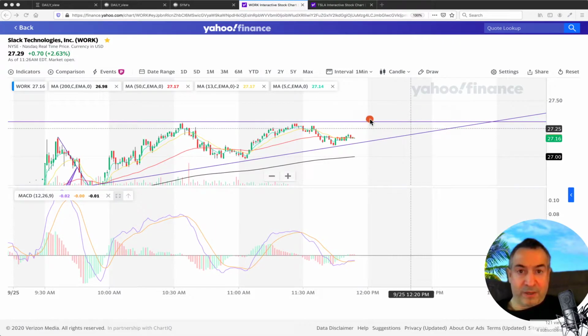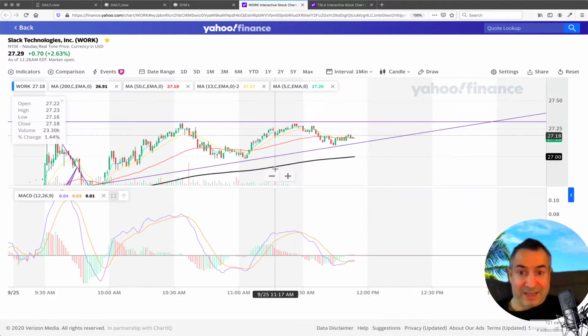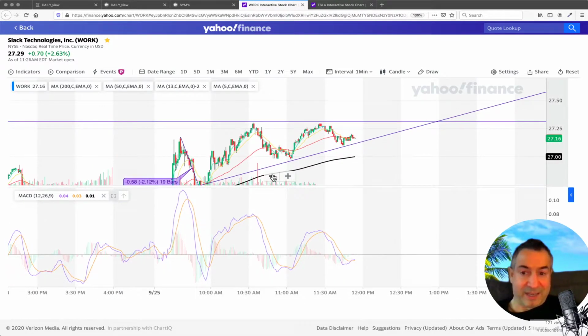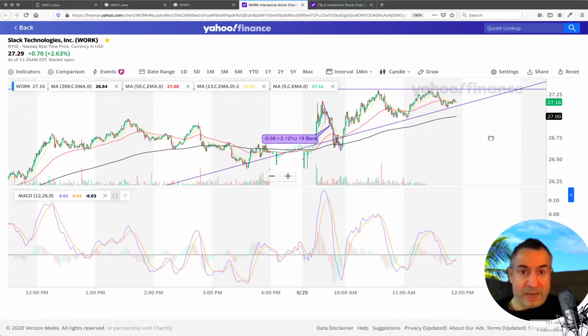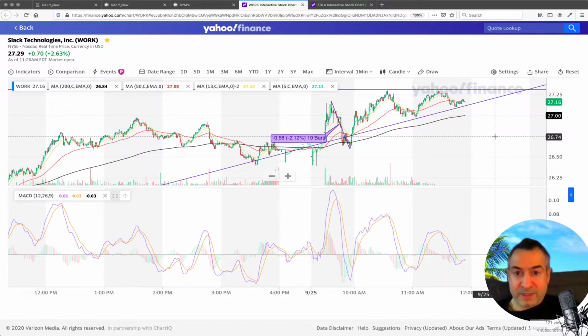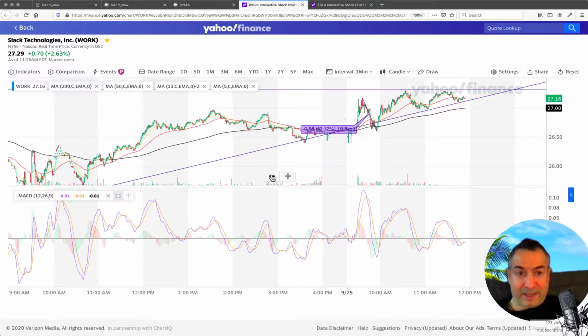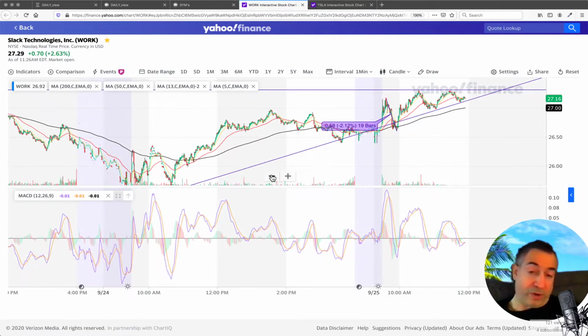At the moment, what we know about Slack is that it's been several days going down, a lot of hype around it, in the media or on YouTube especially, and a lot of promises that it's going to do super good and be one of the best companies in the near future, in the next year or so.